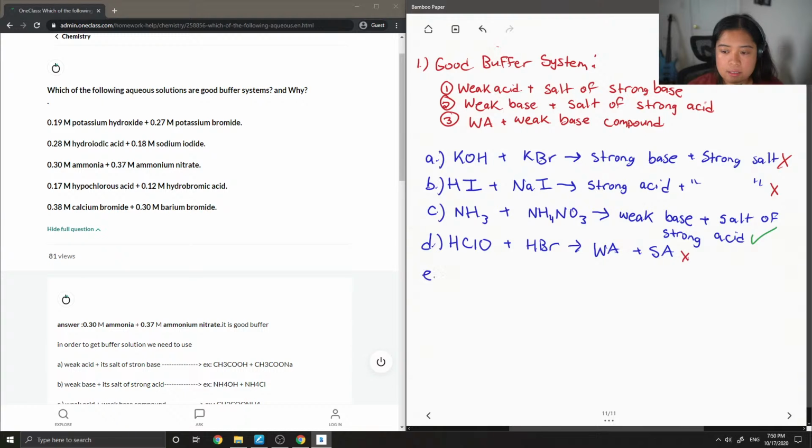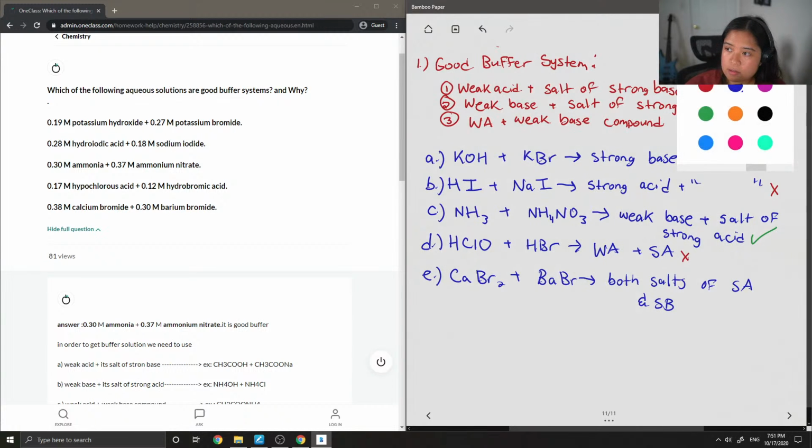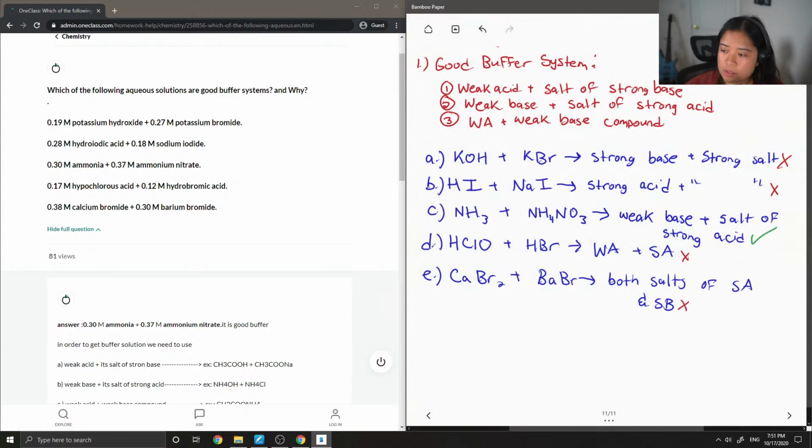And then lastly, calcium bromide plus barium bromide. These are both salts of strong acids and strong bases. So this also can't be used as a buffer system.